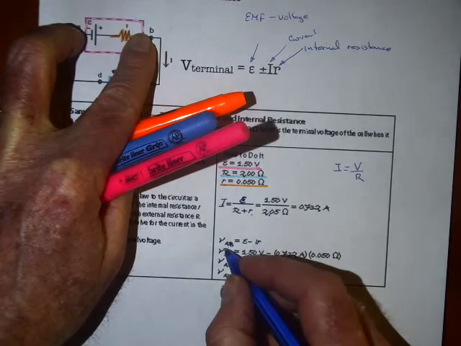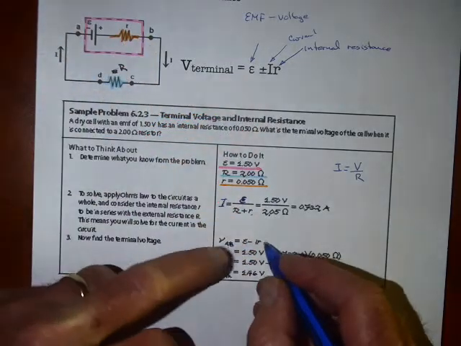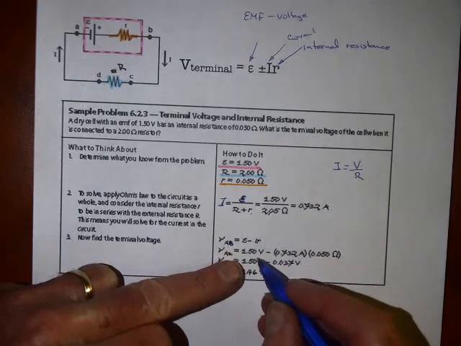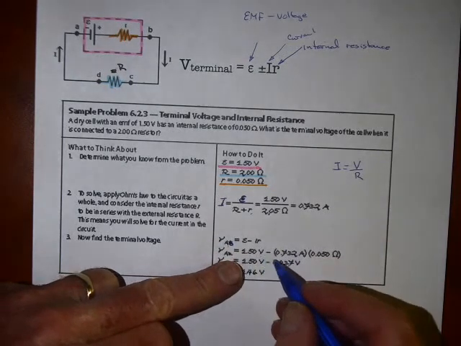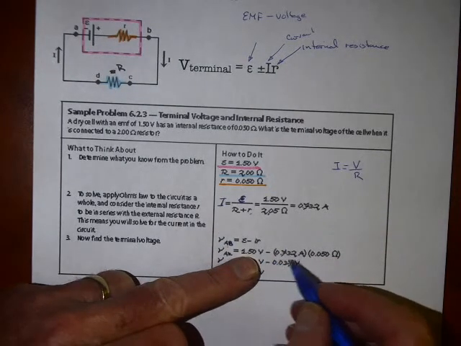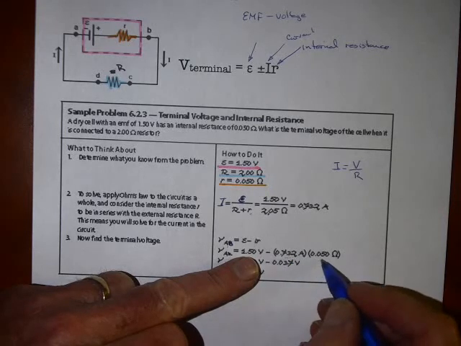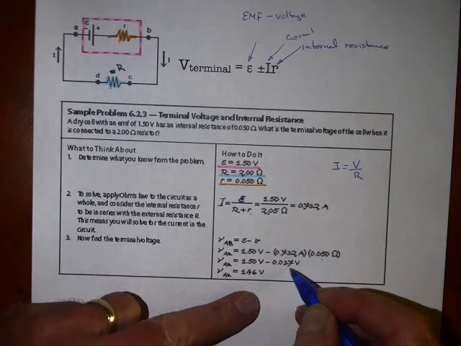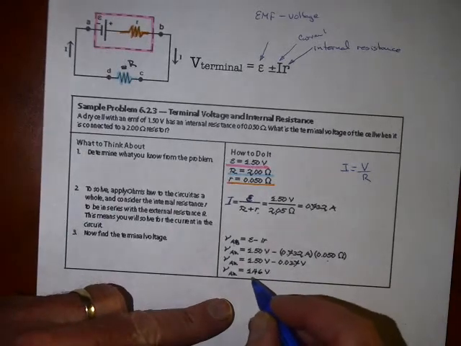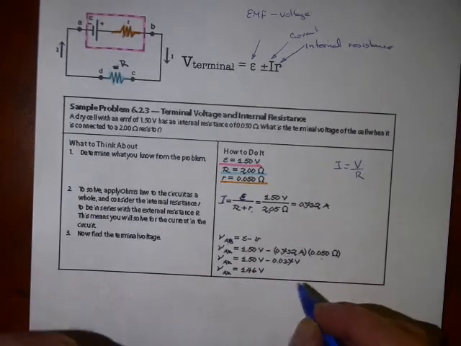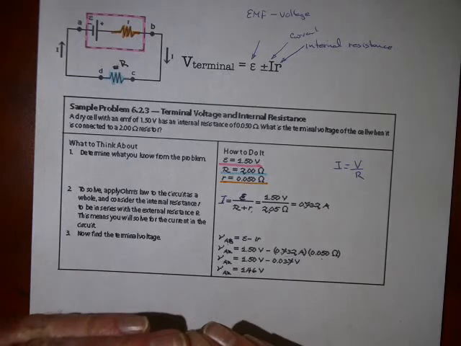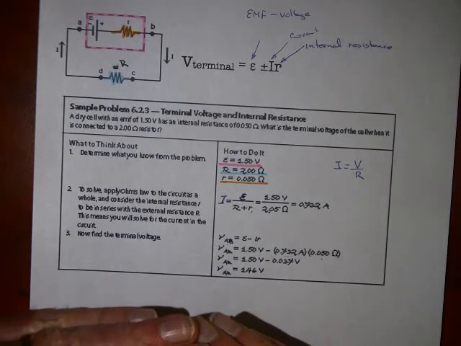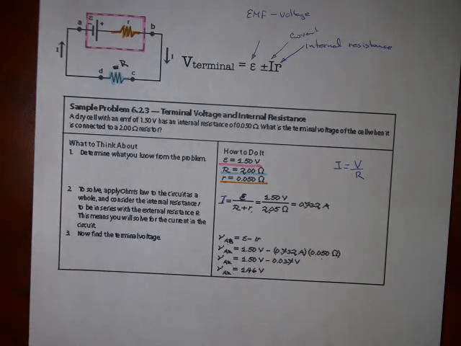So the terminal voltage is equal to the electromotive force, which is 1.50, minus the overall current times the internal resistance. When I calculate that out, it comes out to 1.46, which is a little bit of a voltage drop for the entire battery, and that's pretty much it.